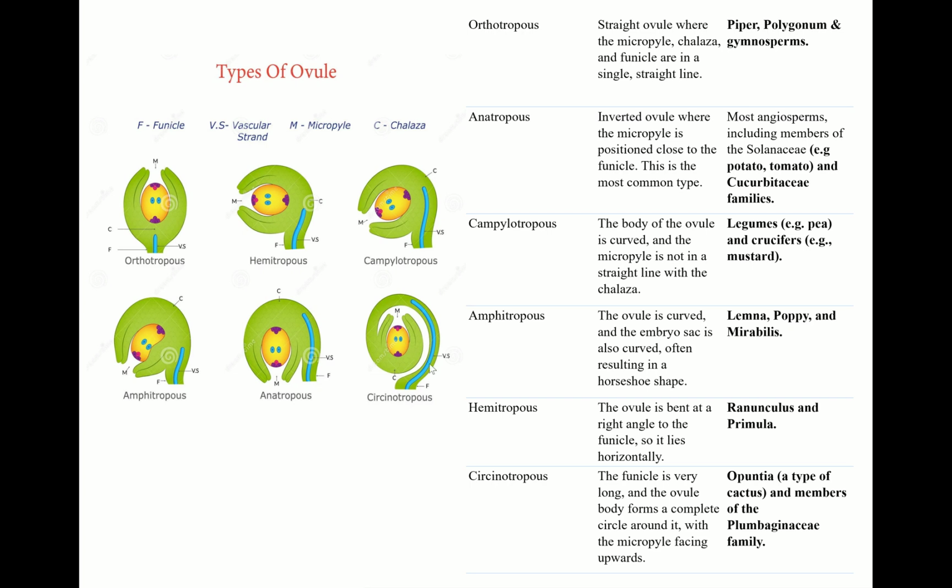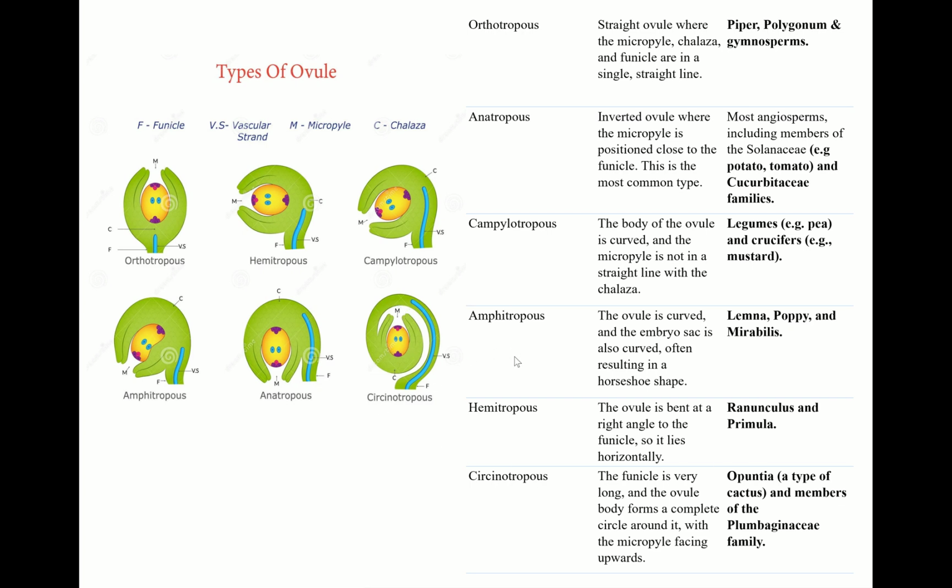What is a circinotropous ovule? Here the funiculus is very long and the body of the ovule is circled. The body of the ovule forms a complete circle with the micropyle facing upwards. You can see that it is circular in nature, and the micropyle is present in the upper portion of the ovule.